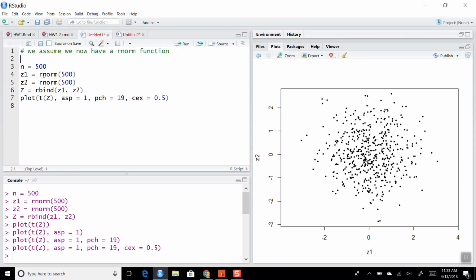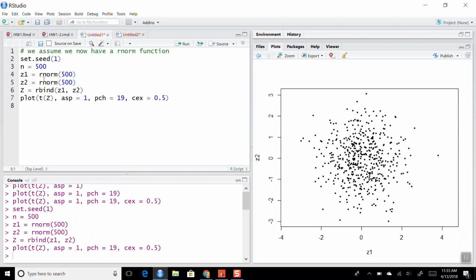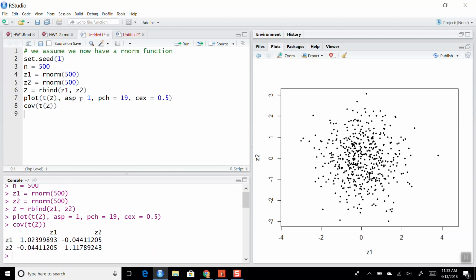So that's bivariate normal. Here, let's set a seed. Okay, so there is our random bivariate normal, and what we desire is to produce... so this is random normal, and if we ask, what's the covariance of Z, I gotta transpose this, because R is expecting columns, the things to be in columns.